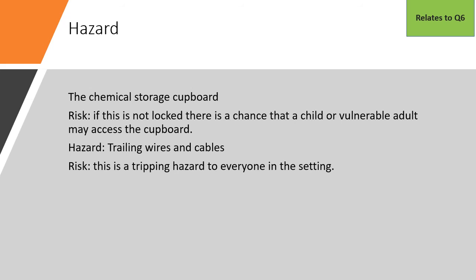The chemical storage cupboard: the risk, if this is not locked, is that a child or vulnerable adult may access the cupboard, and obviously if it's got chemicals in there, they could get hold of the chemicals. And another hazard, trailing wires and cables. This is a tripping hazard, a risk to everyone in the setting. Somebody could trip over it.